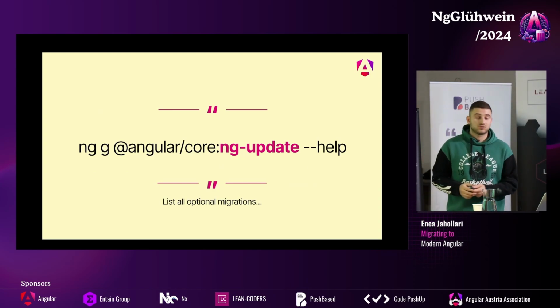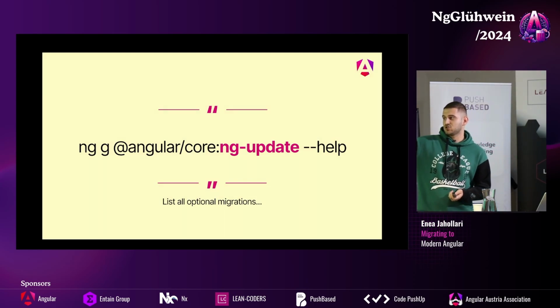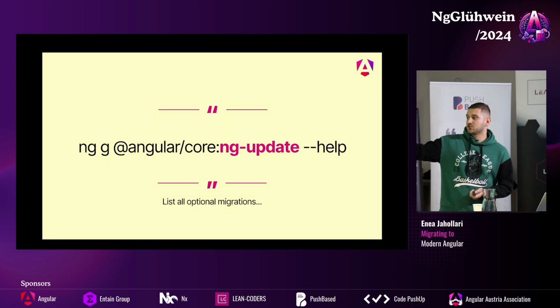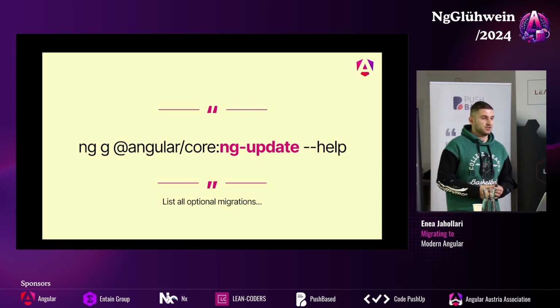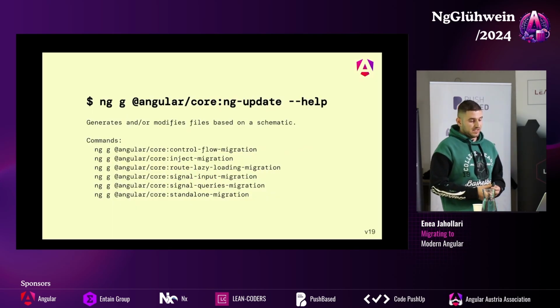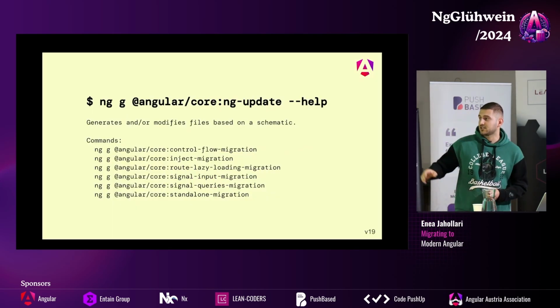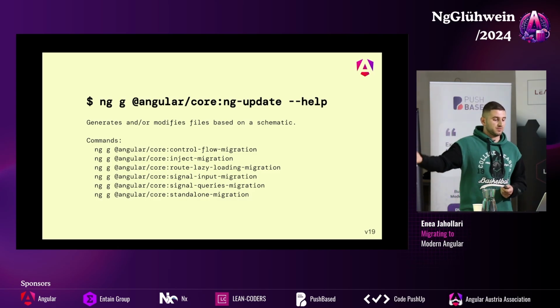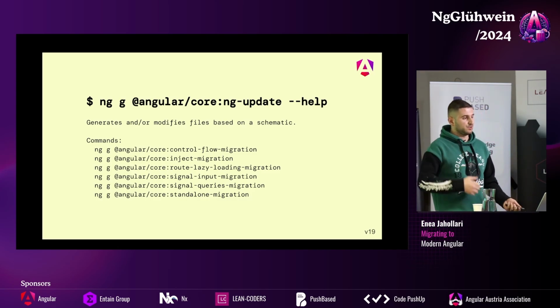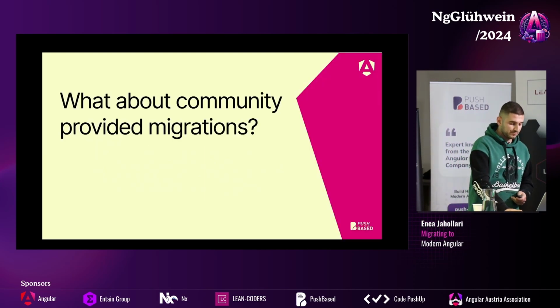Well, in order to look at what Angular offers, you can just write ng update @angular/core --help, and it will list all the optional migrations that Angular supports. And in version 19, you'll see something like this. It offers you control flow migration, inject migration, route lazy loading, signal inputs, queries, and standalone, and we will check all of them one by one.